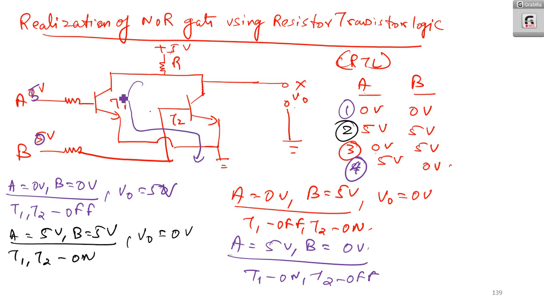Therefore, the output voltage becomes 0. Okay. So if you are writing the truth table, for 0, 0 you will get the output as 5. For all other cases, you will get output as 0 volt. Okay. So that is the realization of NOR gate using resistor transistor logic.